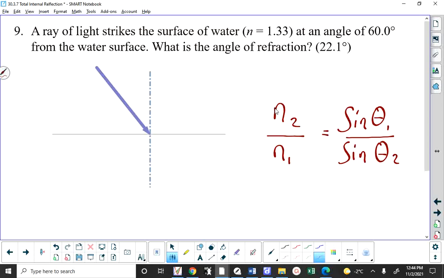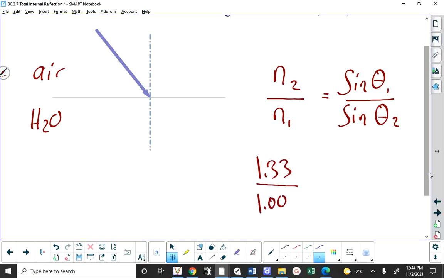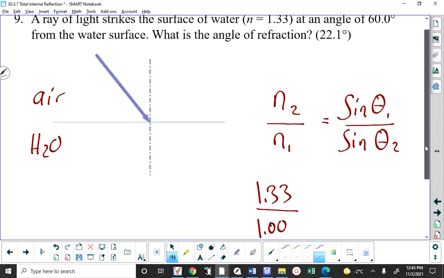If it says it strikes the surface of water, it never really says from air, but that's implied. It's going from air to water, which means that in this formula, n2 will be the 1.33, n1 will be the 1.00. It starts in 1, air, so n1 is the air, and it enters afterwards the second medium, which is water.